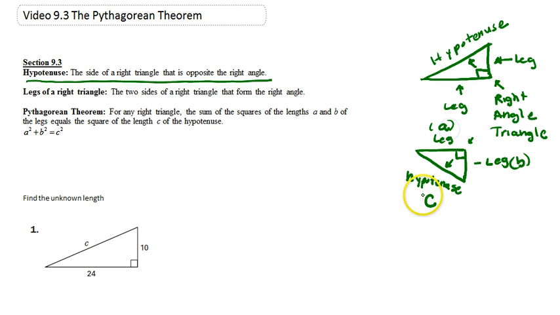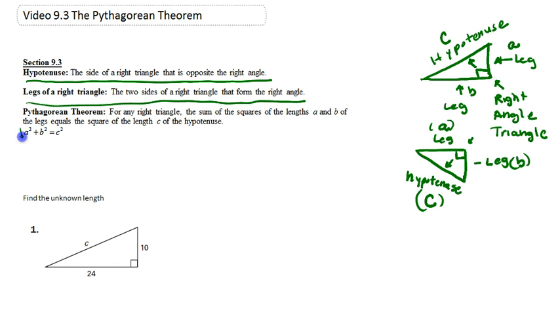Now, it doesn't matter which leg is labeled a and which leg is labeled b. So for this triangle it would be c, a, and b. So the legs of a right triangle are the two sides of the right triangle that form the right angle.